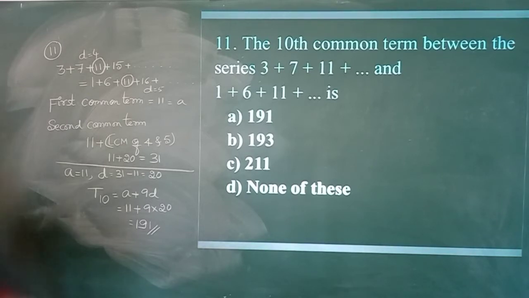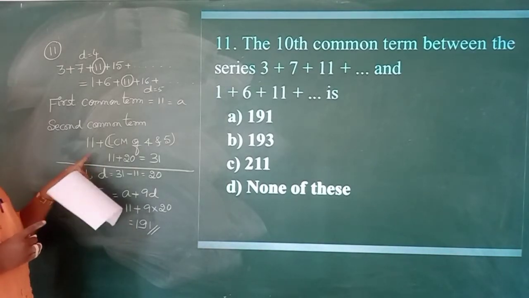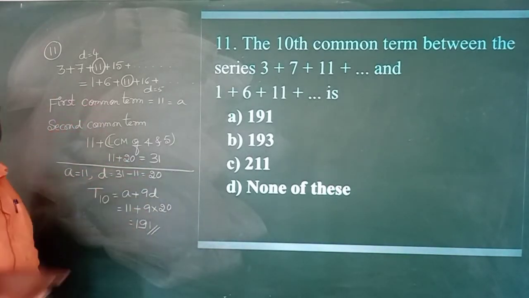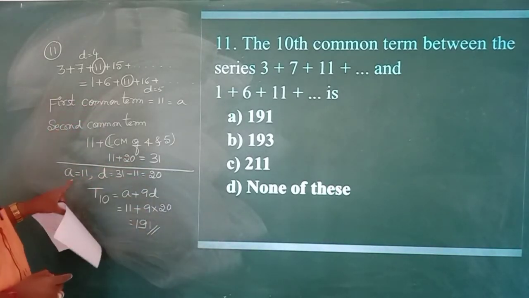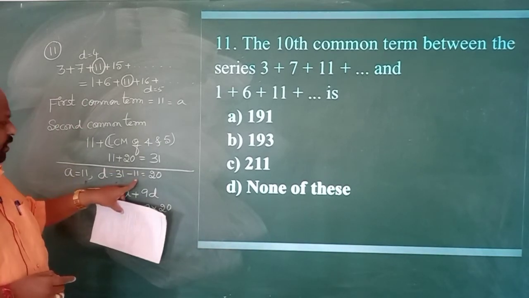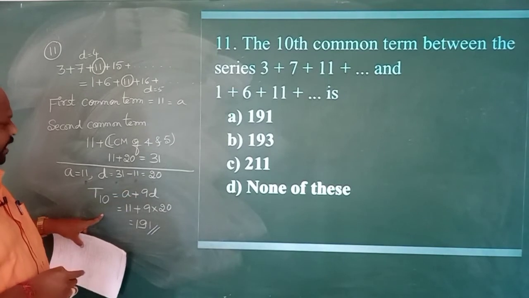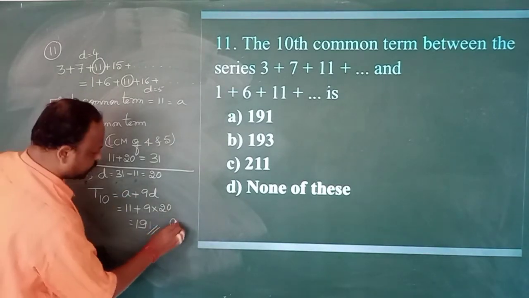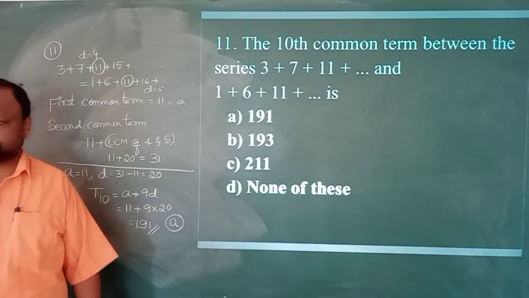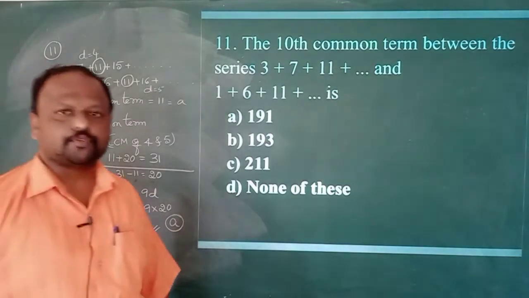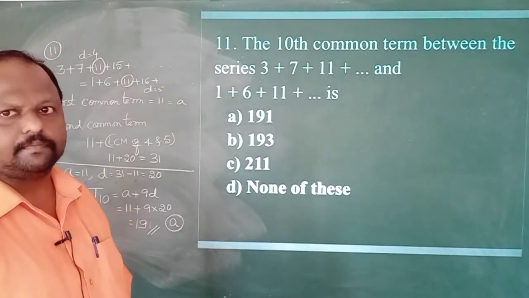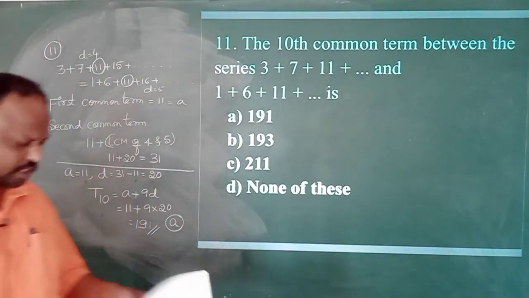The second common term is obtained by adding 11 plus LCM of 4 and 5, the common differences. a is equal to 11, d is equal to 31 minus 11, that is 20. The 10th term they are asking is 191. Option A is the answer. You should analyze the common term of two series, then you have to go further.